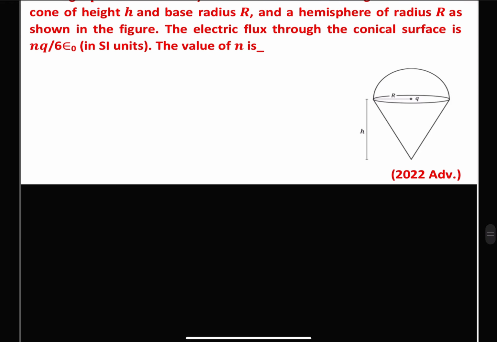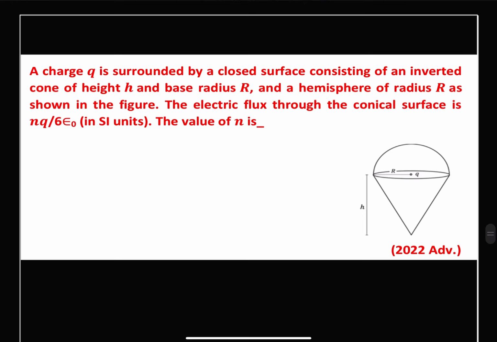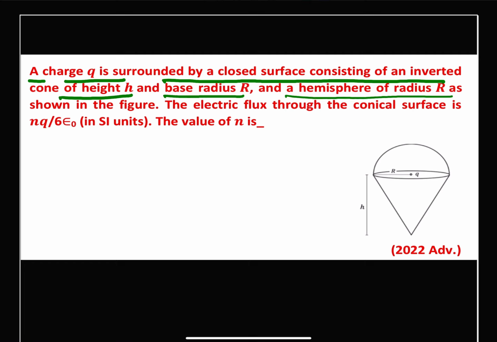It states that a charge q is surrounded by a closed surface consisting of an inverted cone of height h, base radius r, and a hemisphere of radius r as shown in the figure. The electric flux through the conical surface is nq upon 6 epsilon naught. The value of n is. So here a basic figure is given to us.